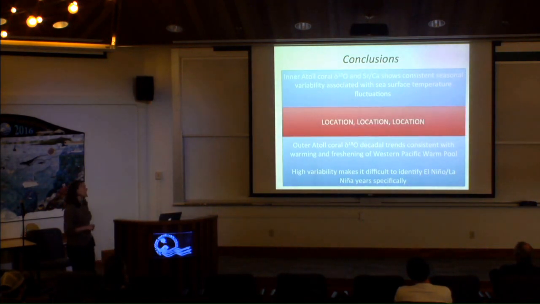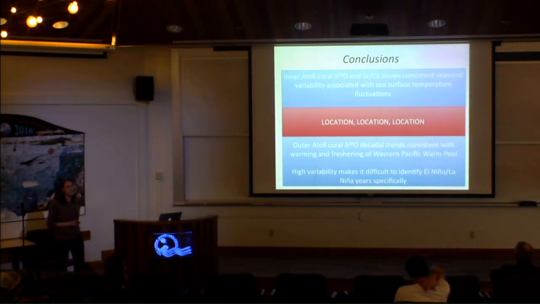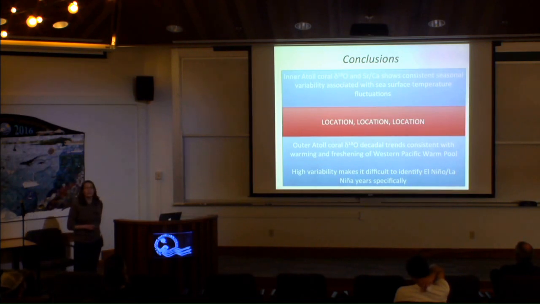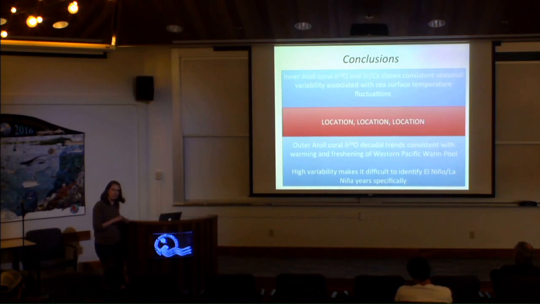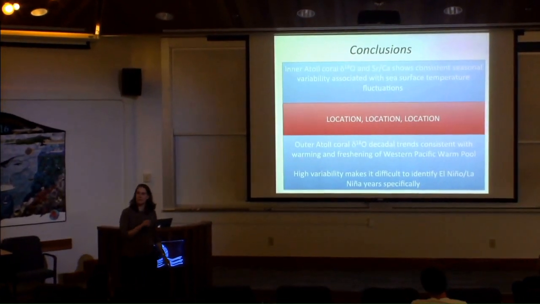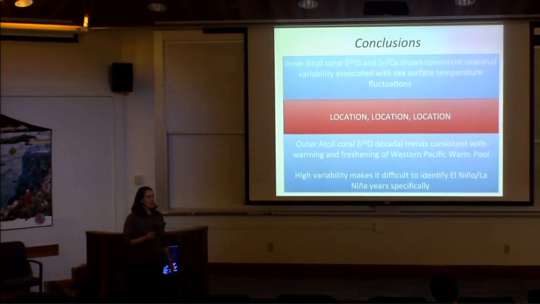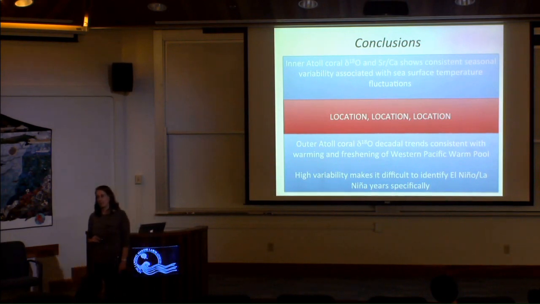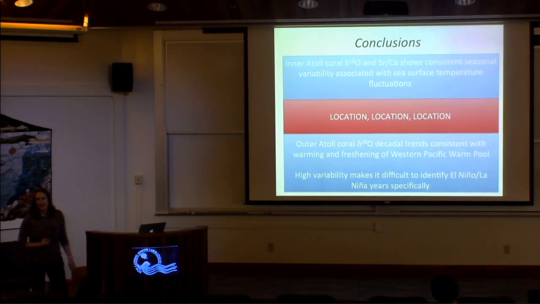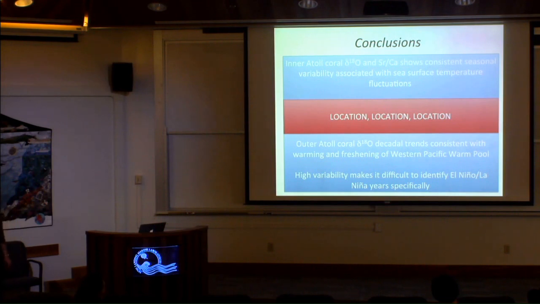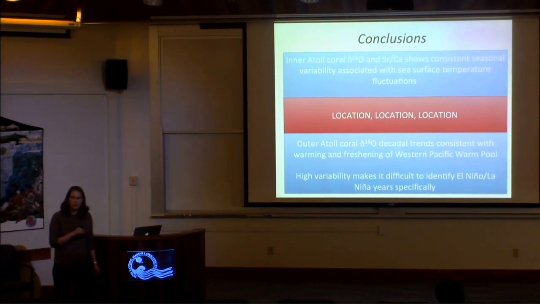But one of the things that came out of this as well is that a lot of previous coral reconstructions from the tropics, from these atolls, they go out and pick one location within the atoll. And I just showed you some very drastically different records from two corals that were only 10 kilometers apart from the same atoll.